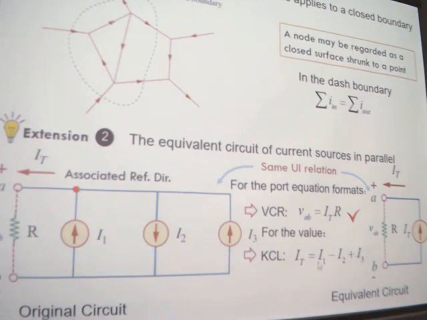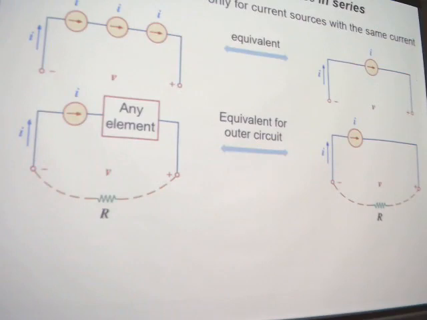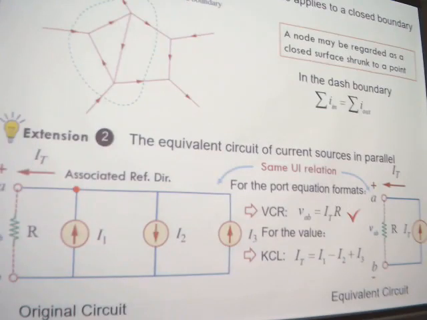Okay. Therefore, if we make IT equal to I1 minus I2 plus I3, we can say this one is the equivalent circuit of this one. So why do we make this?